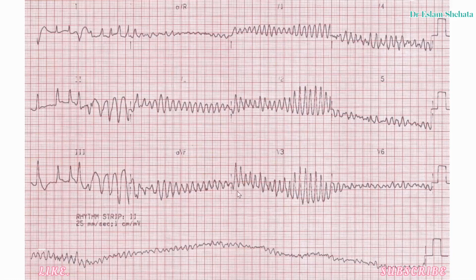But even within one lead, you can see the QRS complexes are getting smaller. Probably the smallest one is about here, and then it gets taller again. And it alternates between these higher voltage and lower voltage QRS complexes. And so it's thought to look like a piece of ribbon that's being twisted.